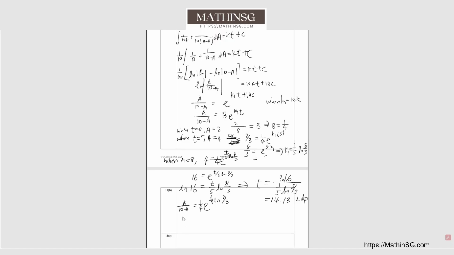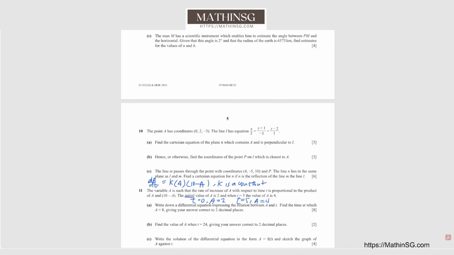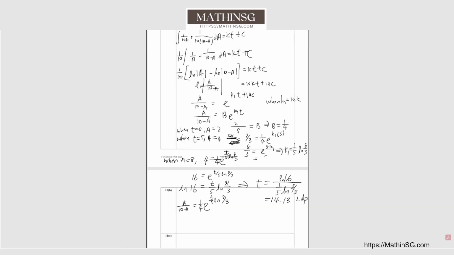Now I need to find a when t is 24, right? So when t is 24, I can just type this whole thing into the calculator. 10 over a equals to the power of 24 over 5 ln 8 over 3.